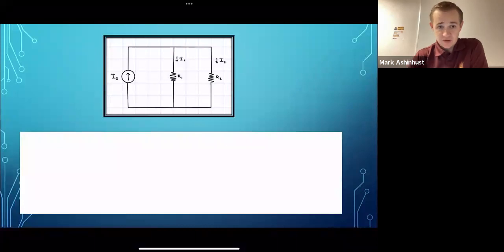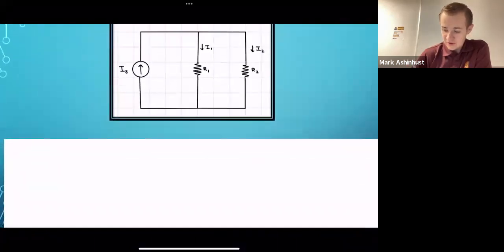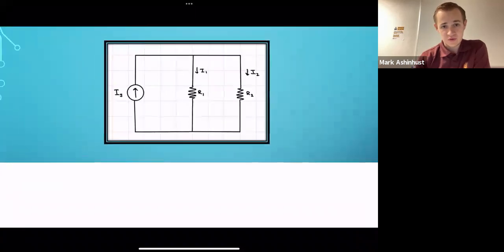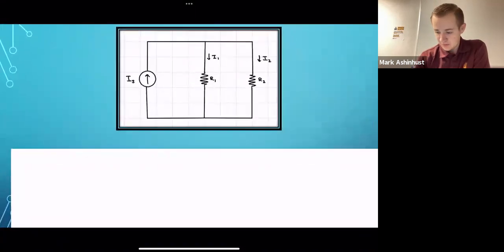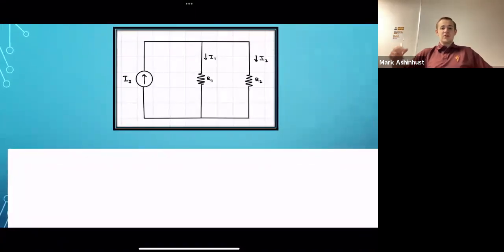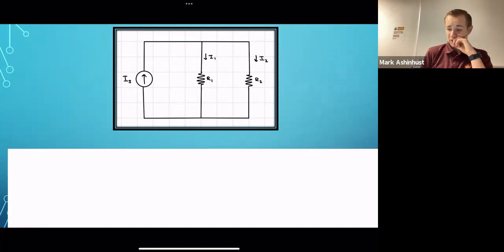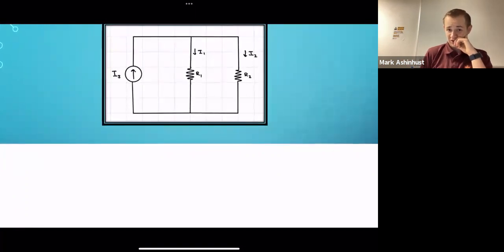So here we have this circuit. We have a current source and 2 resistors in parallel. If we wanted, we could either find I1 here, or we could find I2. We're going to write 2 equations for these.